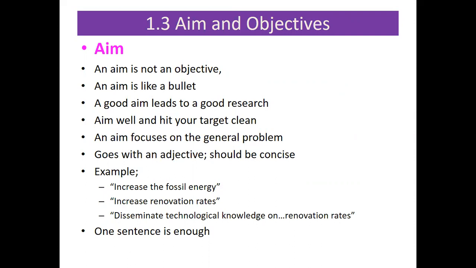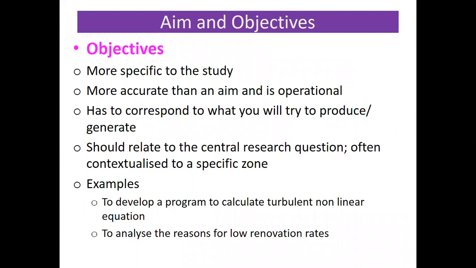So at the end of the day, I want to get to Kumasi. Or I like jollof, so I keep using jollof. You want to cook jollof. So jollof rice is your aim. How you are going to arrive at having jollof rice are your objectives.